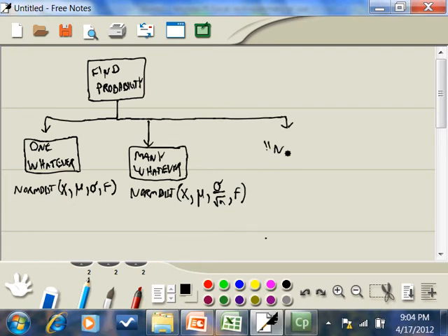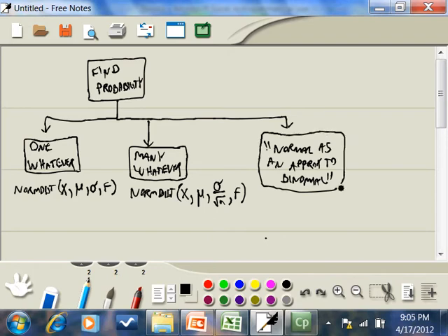And then we have the type where it says use the normal as an approximation to the binomial. It'll actually say those words. I don't put any tricky problems on there where you have to decipher that yourself. So normal is an approximation of the binomial, and this will be the NORM.DIST.